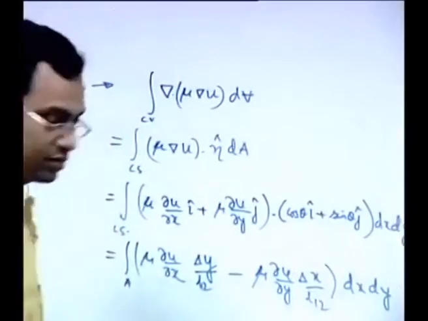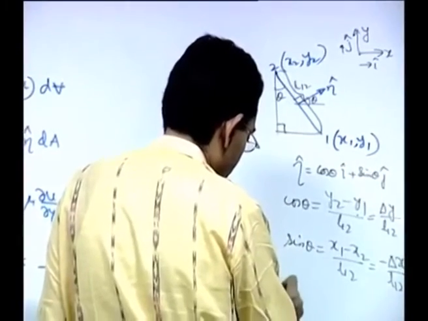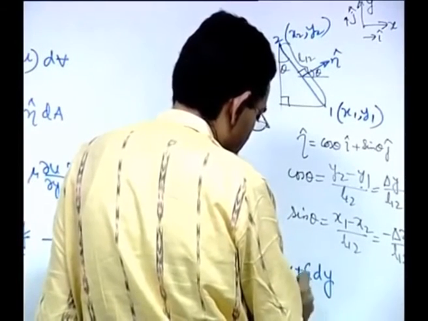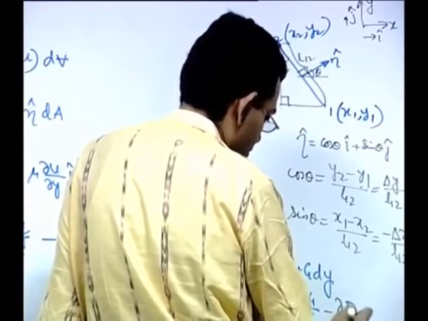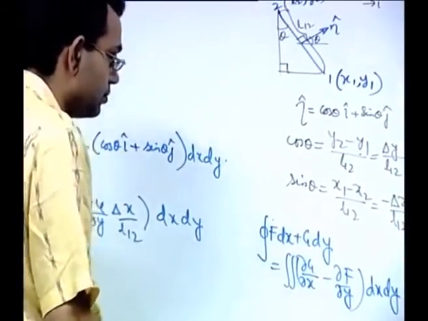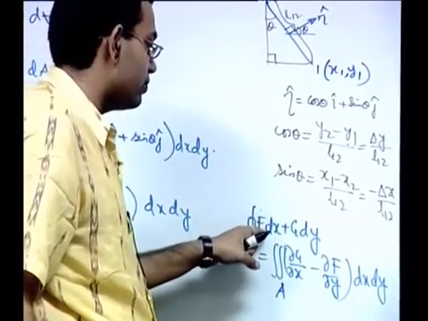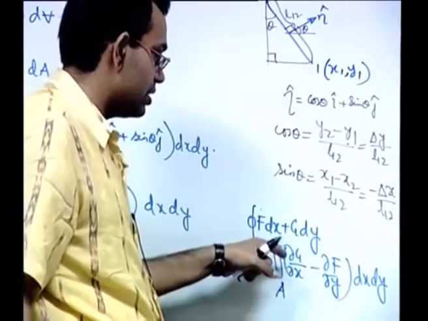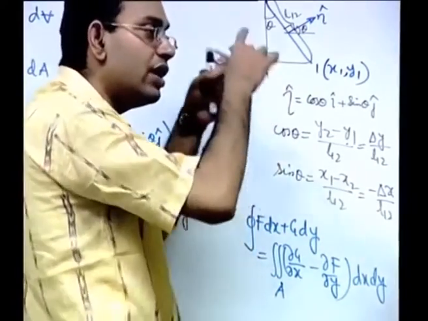So, let us write that somewhere. The contour integral of f dx and g dy, where f and g are two functions, is the same as this area integral, where this contour is bounding this area.